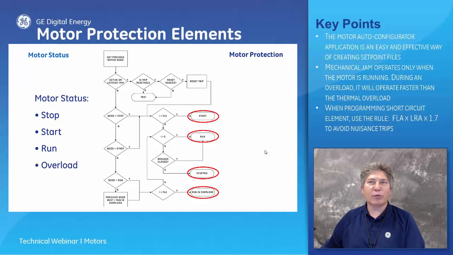With the spare input configured as starter status and the breaker auxiliary contacts wired across the spare input terminals, the relay senses a stopped motor condition only when the phase current is below 5% of CT and the breaker is open. If both of these conditions are not met, the relay will continue to operate as if the motor is running and the starting elements remain unchanged.